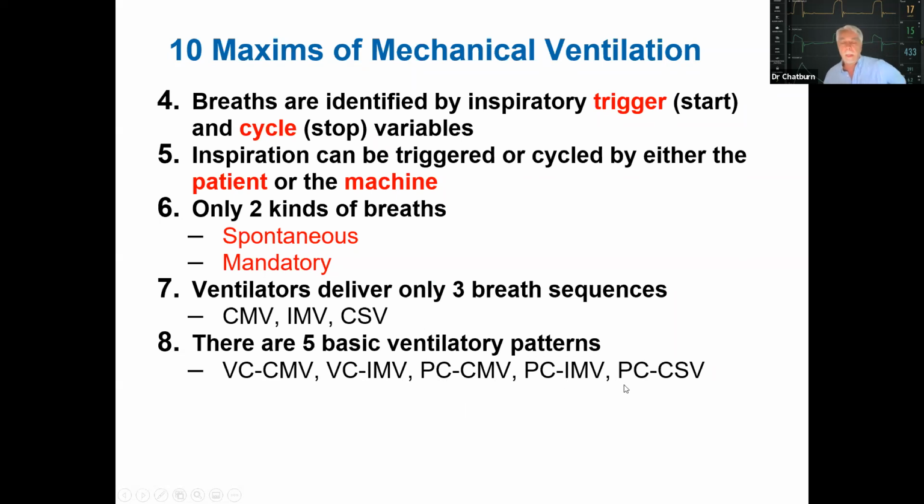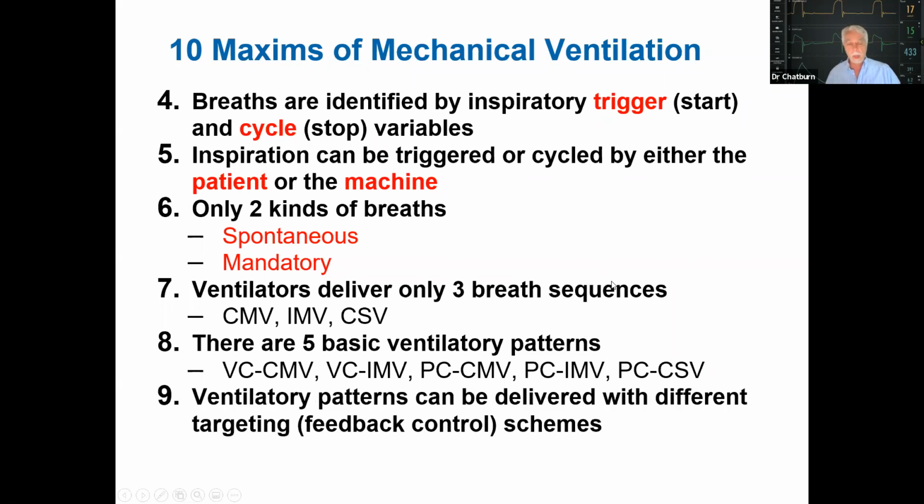And that makes classifying these hundreds of names of modes of ventilation much more practical. Now, of course, there are many more modes than just 5. And the way we distinguish these modes and the way they have evolved over time is that they have become more and more sophisticated in their feedback control schemes, which we call targeting schemes.